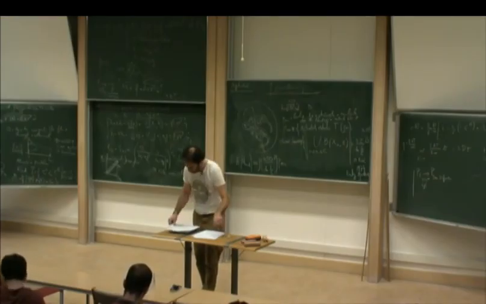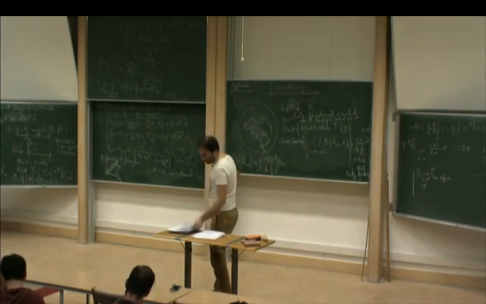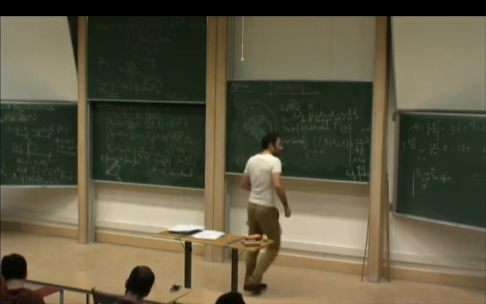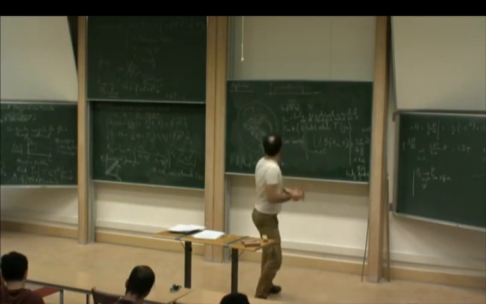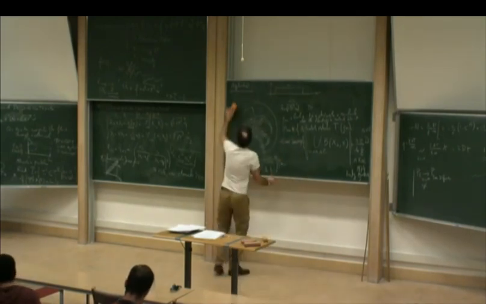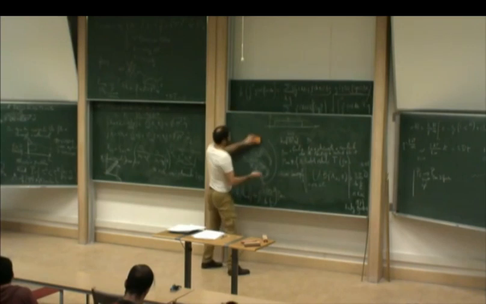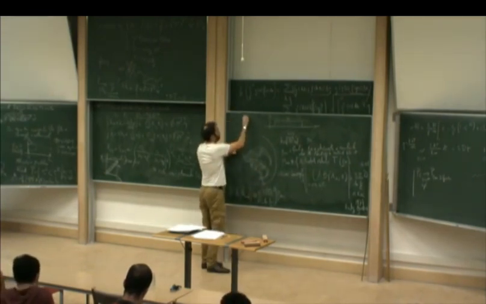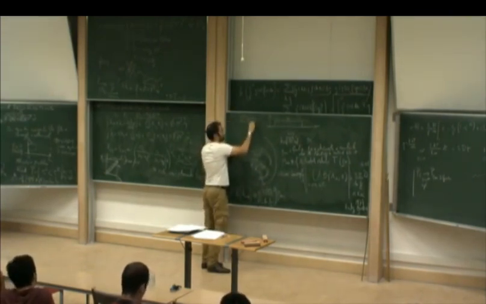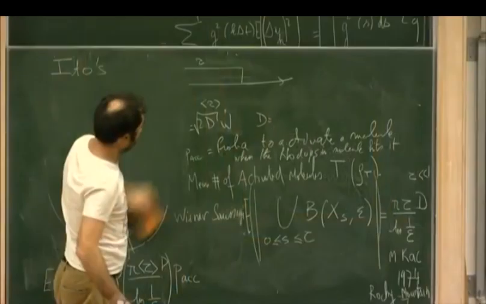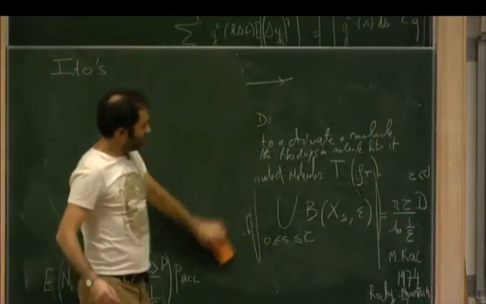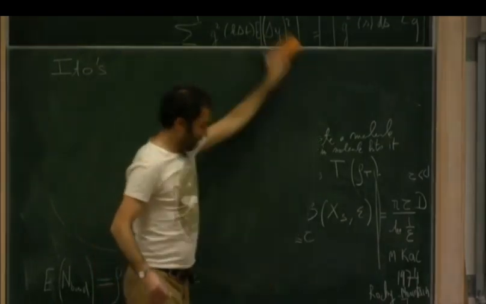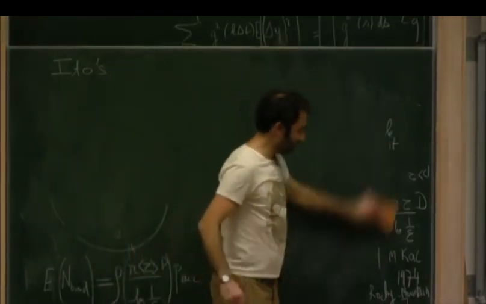So now we'll stop all of this and let's discuss. For those of you who have never seen it, I think it's very important to discuss what is the Ito calculus, because it will allow us to define different types of stochastic integrals that we haven't much discussed so far.